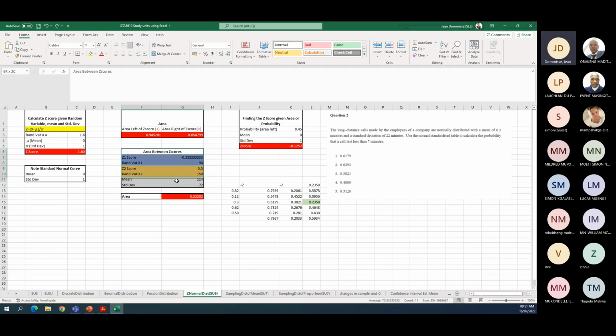If you are, like the one that I just did of the 1.4, between two X values, you can use this one. Then it will give you the one in between. And if you need to find the Z score, if they tell us the probabilities to the left, there's also a calculation there for you to assist.